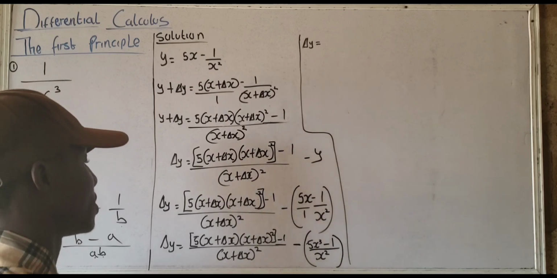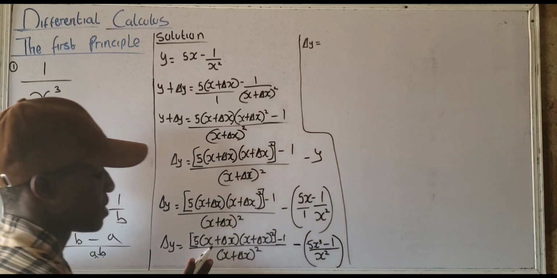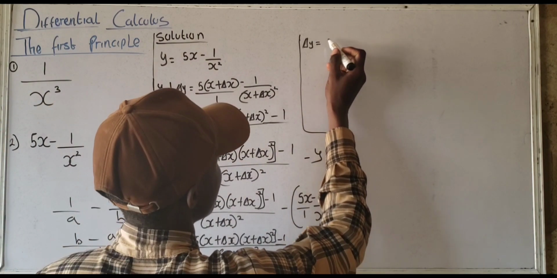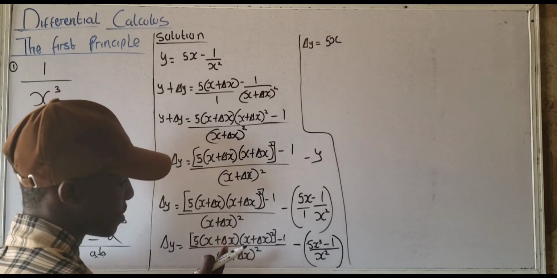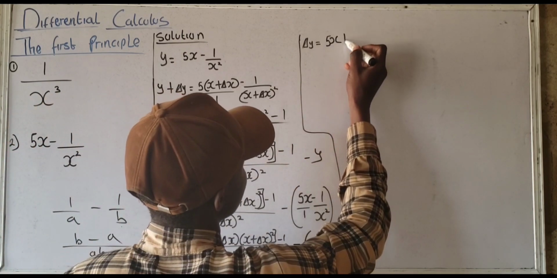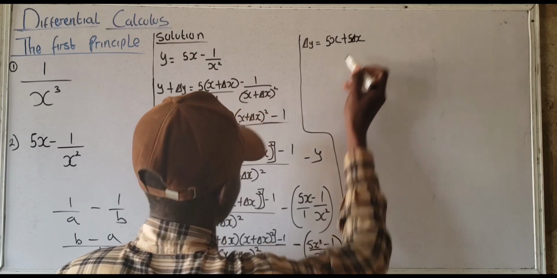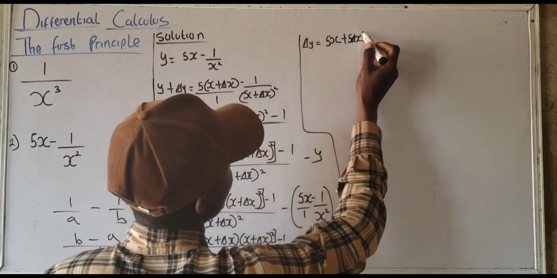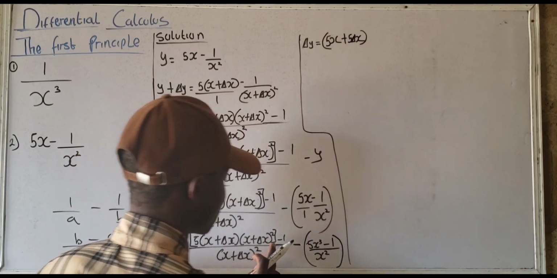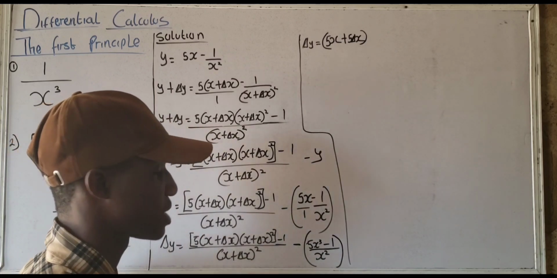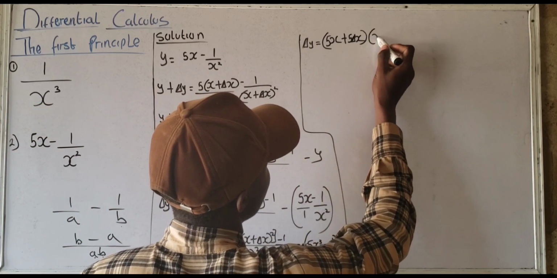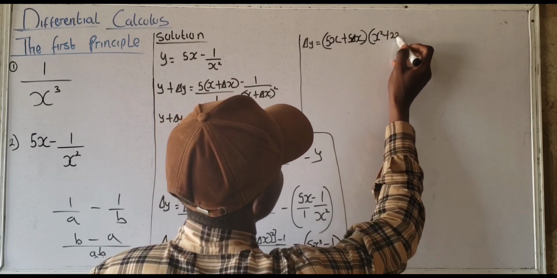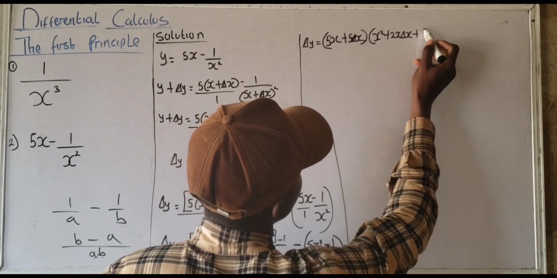So, let us proceed. 5 times x, 5x, I'm going to have 5x. 5 times positive delta x, that is what? 5 delta x. Okay, so I'm done with this. Let us expand the second bracket, which is what? (x + delta x)². Okay, (x + delta x)² will give us x² + 2x delta x + delta x².